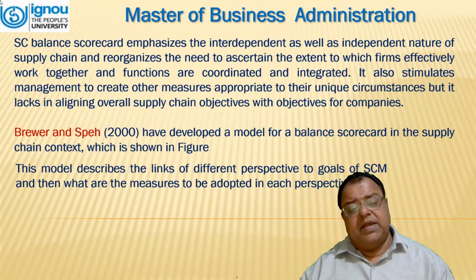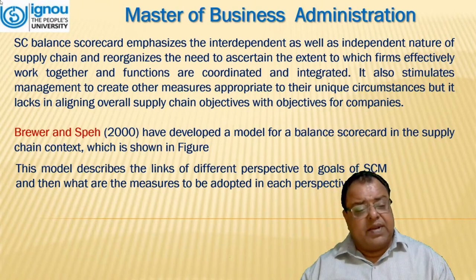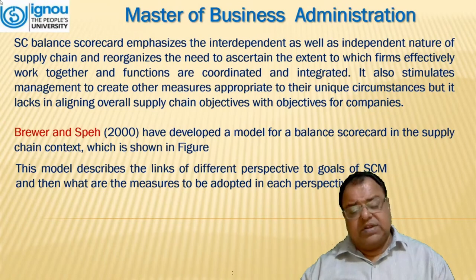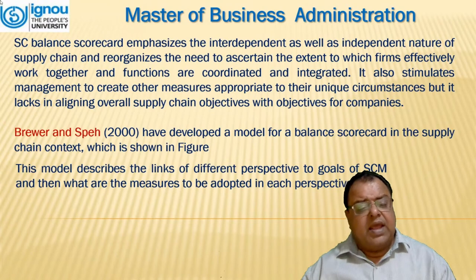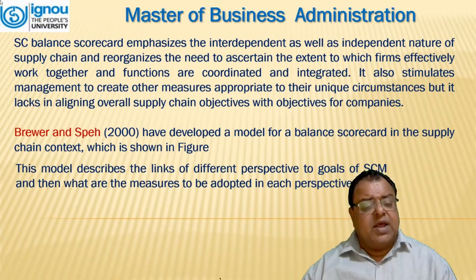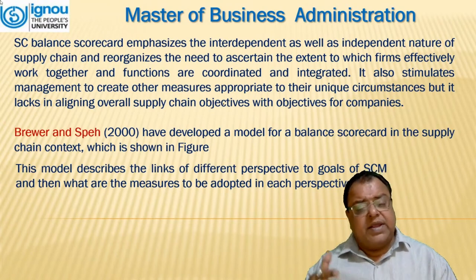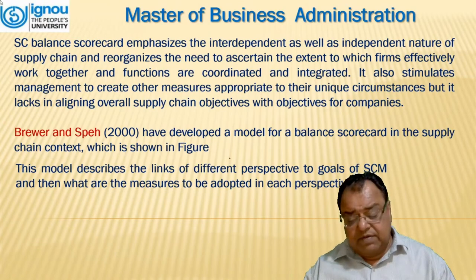Brewer and Speh have developed a model for a balanced scorecard in the supply chain context, which is shown in the figure. This model describes the links of different perspectives to goals of supply chain management and what the measures to be adopted in each perspective are.